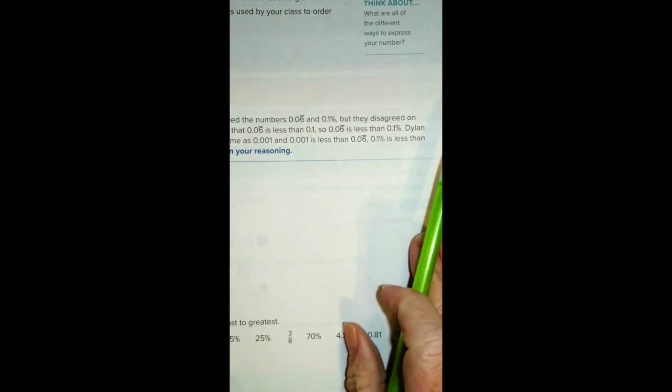Dylan says since 0.1% is the same as 1/1000th, and 1/1000th is less than 6/100ths, then 0.1% is less than 0.06 repeating.